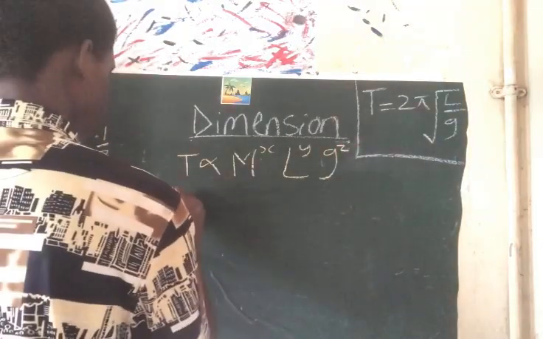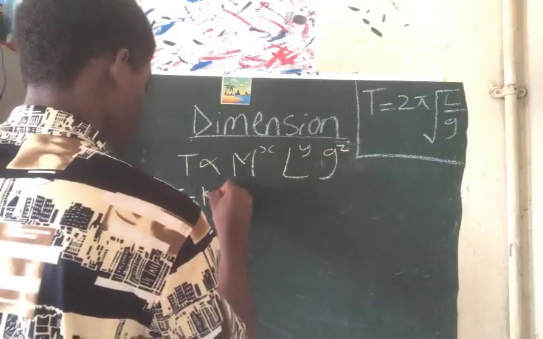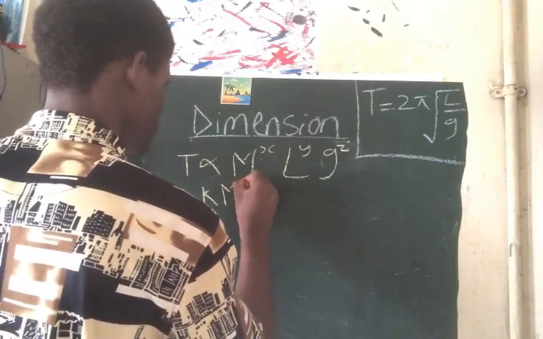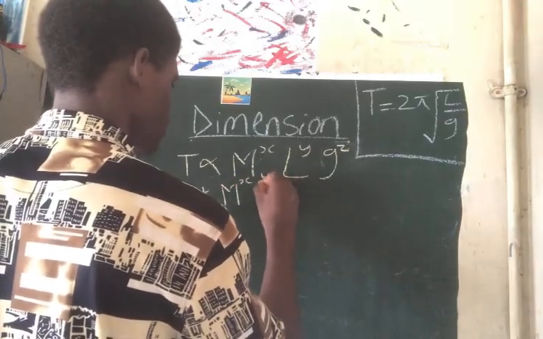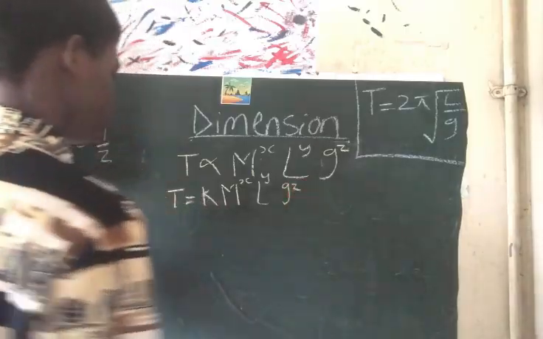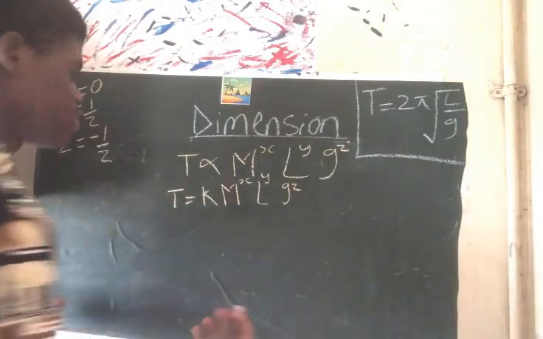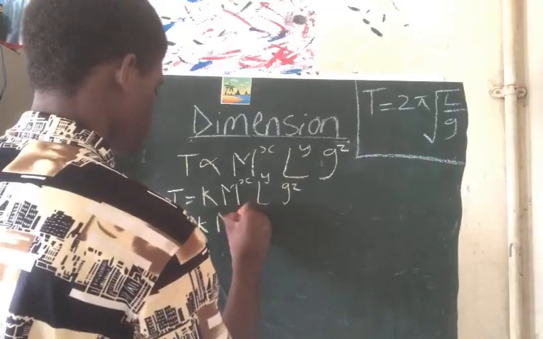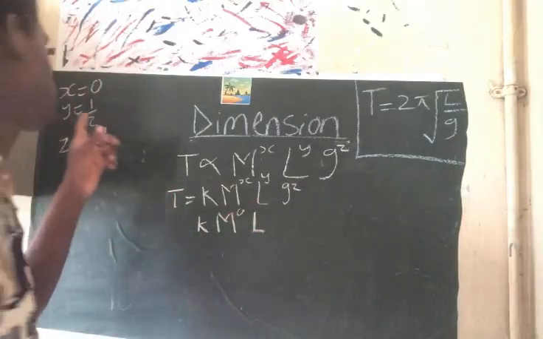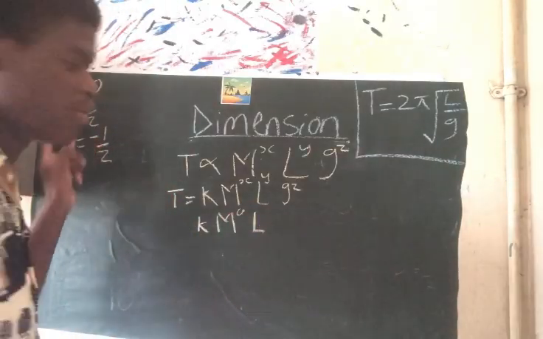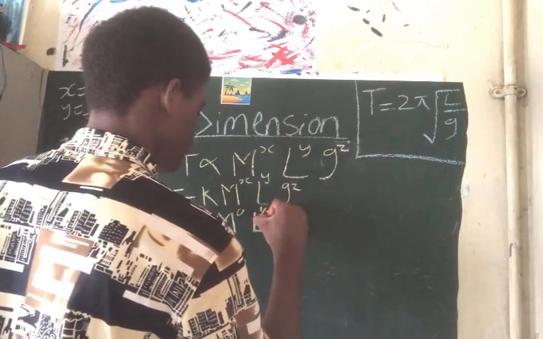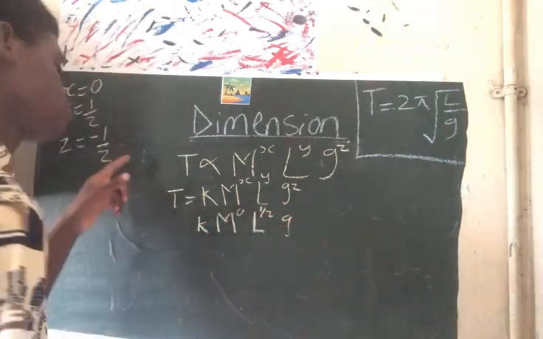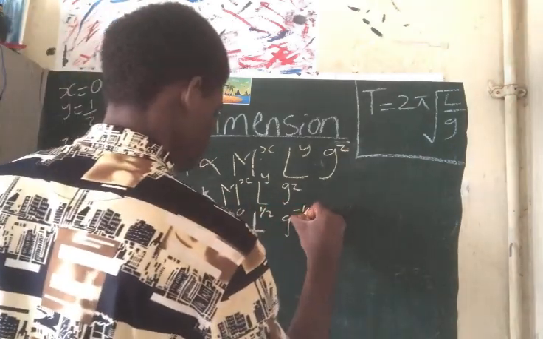So that will be T is equal to k, M raised to power x, L raised to power y, and g raised to power z. So what's x? X is 0, right? That's M raised to power 0. L, what's y? Y is half, so L raised to power half, and g is minus half.